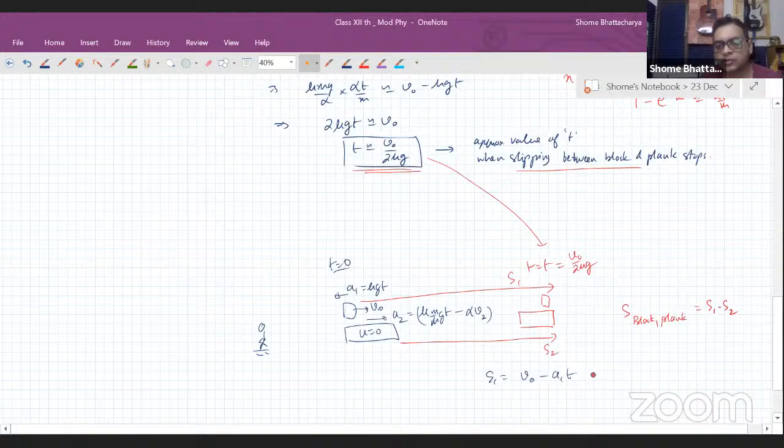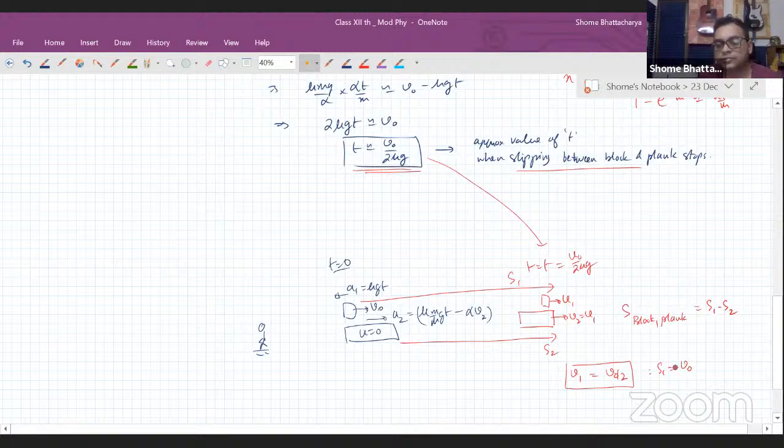This one's velocity would have become v0 by 2. At this instant, v2 is equal to v1. So v1 equal to v2 would be this. And this S1 would be how much now?